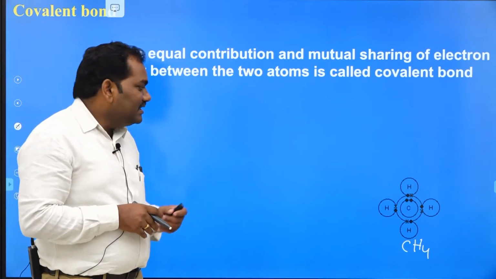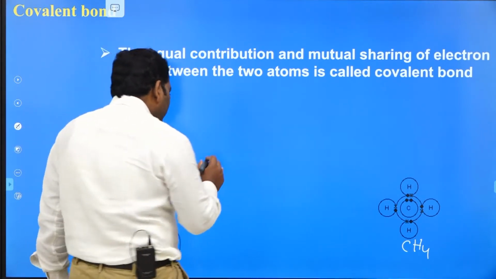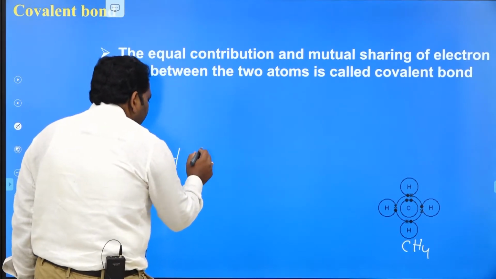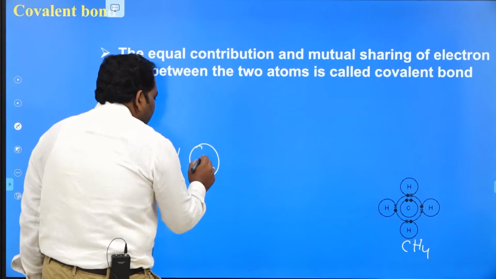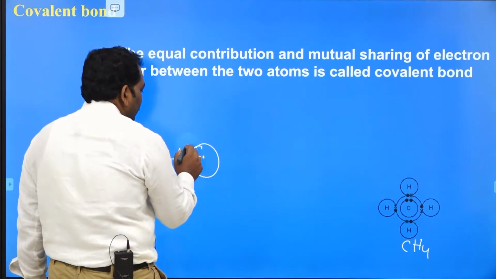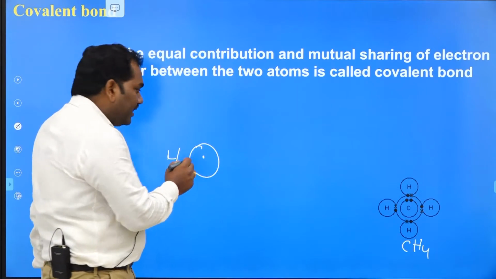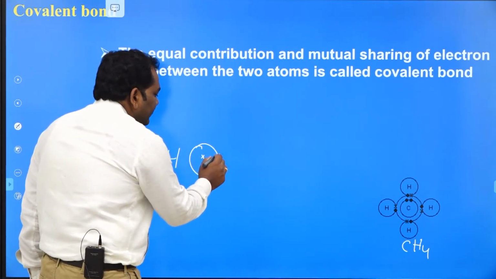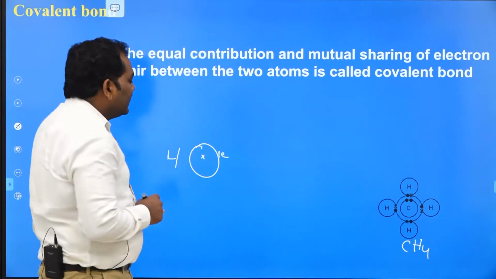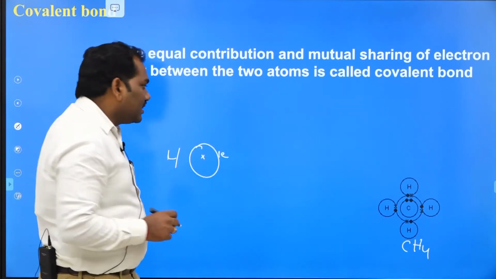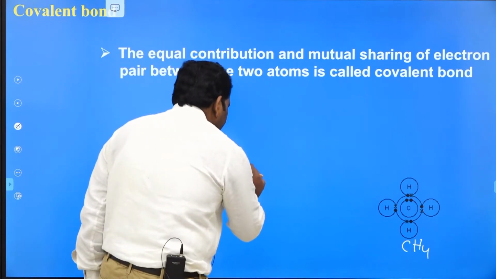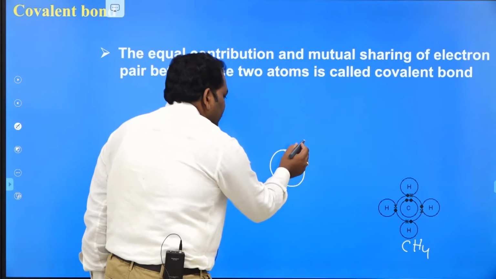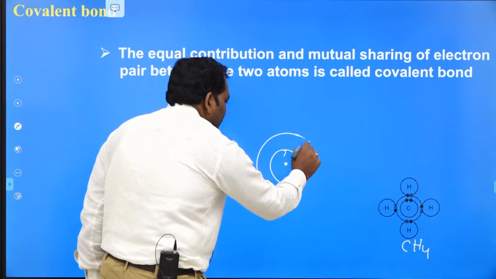This molecule is formed by the combination of 4 hydrogen atoms. This hydrogen atom, this is the nucleus, has 1 electron in the 1s orbit. Similarly, the carbon electronic configuration: this is the center of the nucleus, this is the first orbit and this is the second orbit.